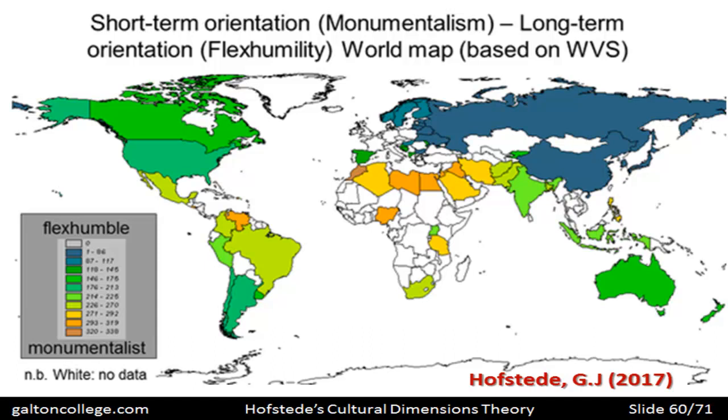So they have long-term emphasis. They tend to lock themselves in for the long term, whereas short term would be more European, large parts of Africa, and America and Canada are more short term than long, but they're further along the index. So we can see different parts of the world have different emphasis on different parts of the index.